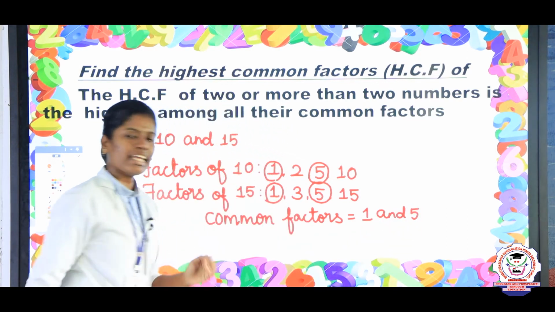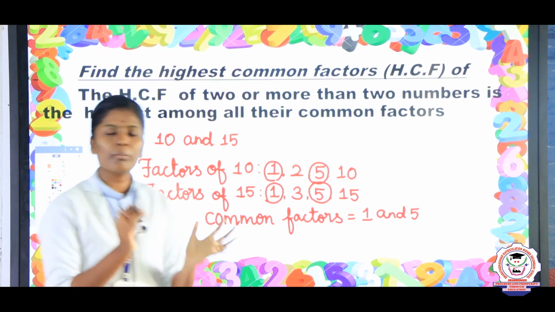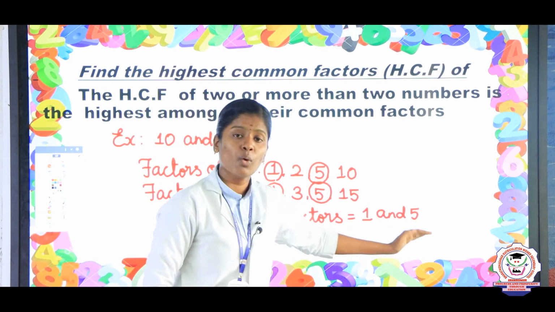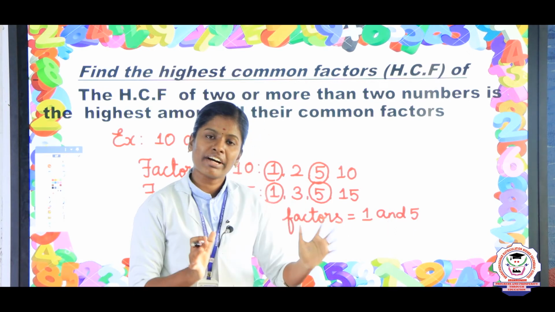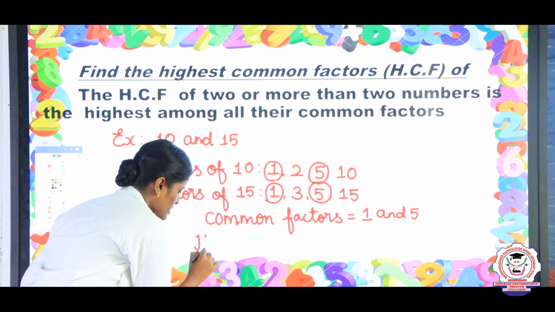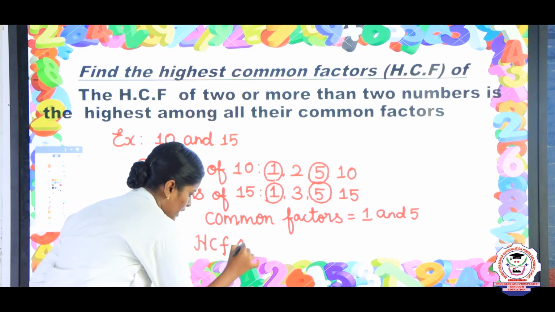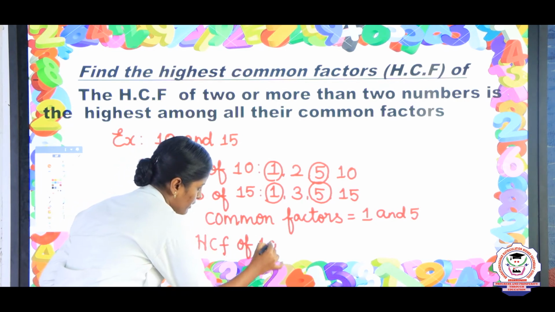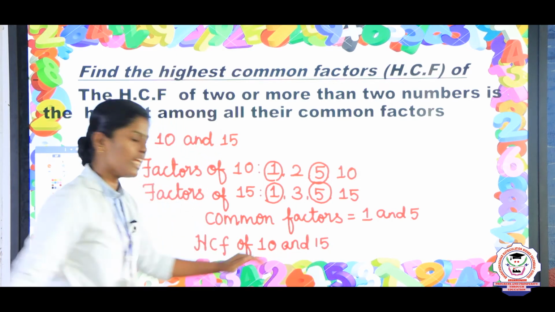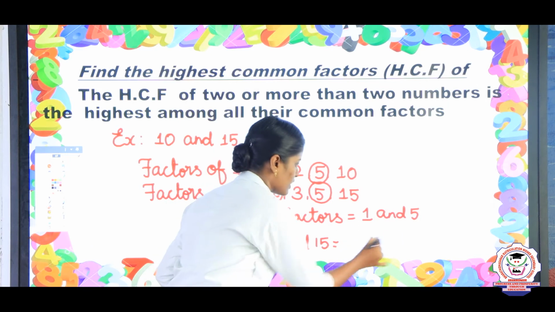Now find the highest common factor. Highest common factor means the highest number. Compare these two numbers, 1 and 5. Which one is the highest? 5 is the highest number. So listen children, the HCF of 10 and 15 is 5.